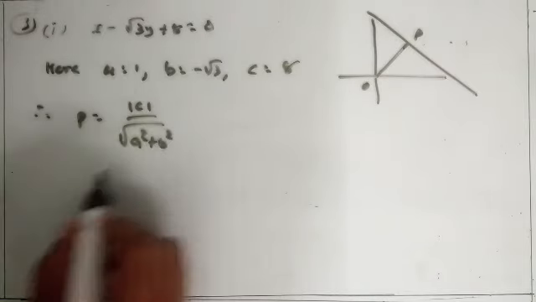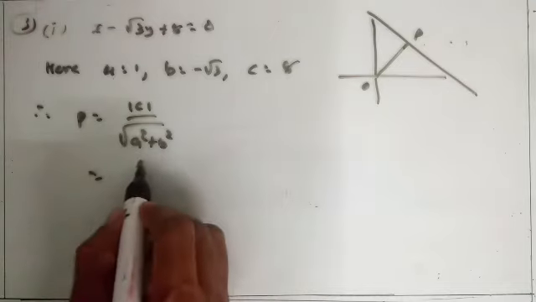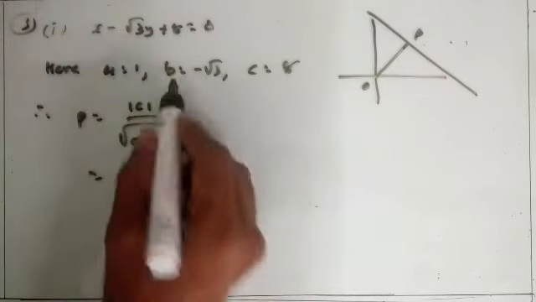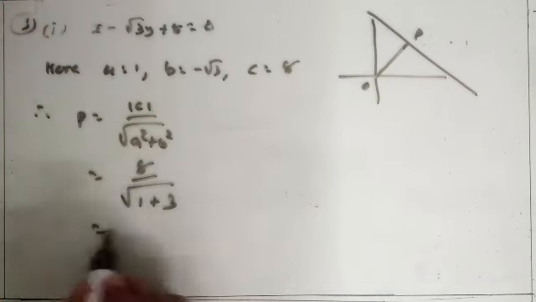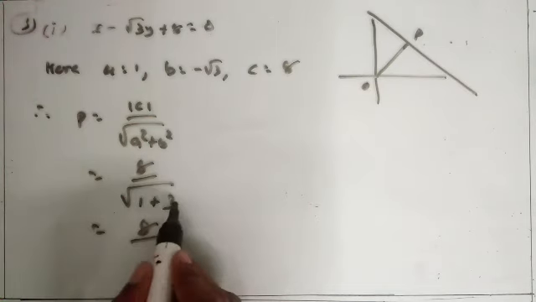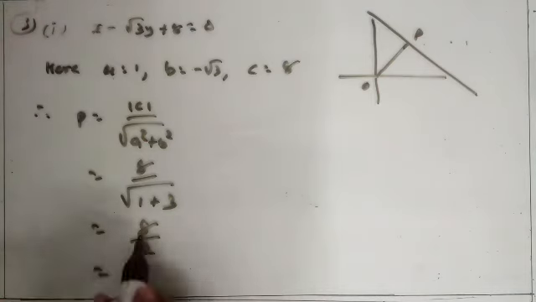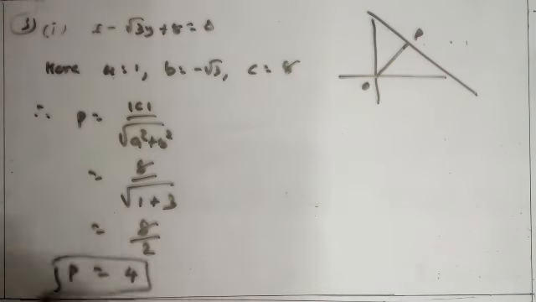Here c is equal to 8 upon root of a square, 1, plus b square, 3, is equal to 8 upon root of 4, that is 2. So 8 upon 2, that is 4. So perpendicular distance is 4.